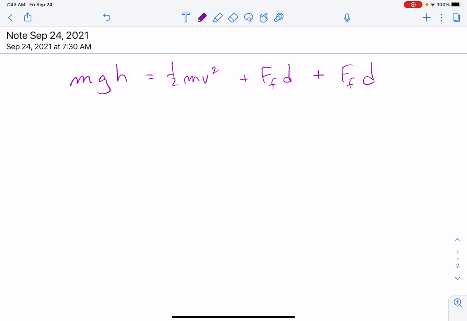The book's using the letter D here, so I'm going to change this to L for the length of the slope. So we have the height of the slope, the length of the slope, and the distance horizontally.